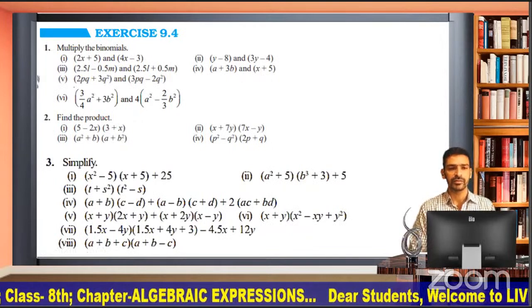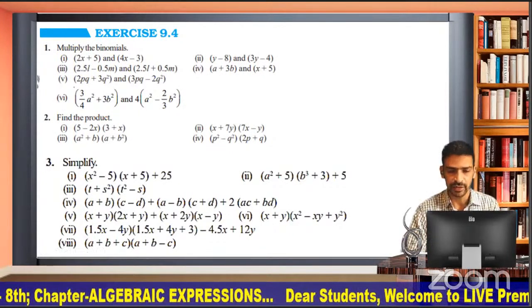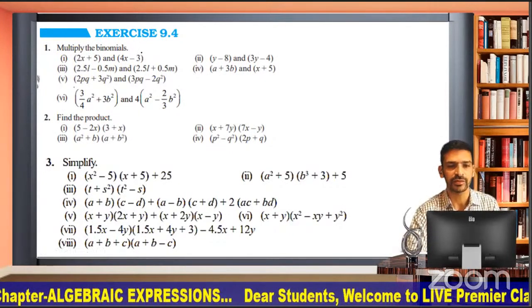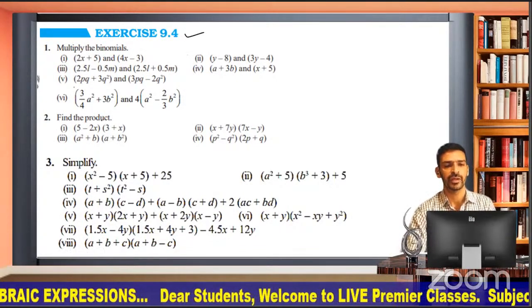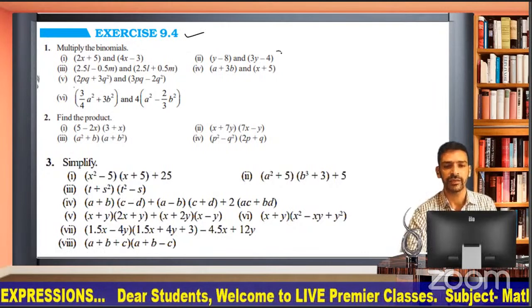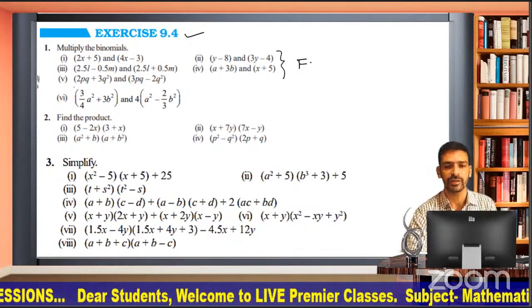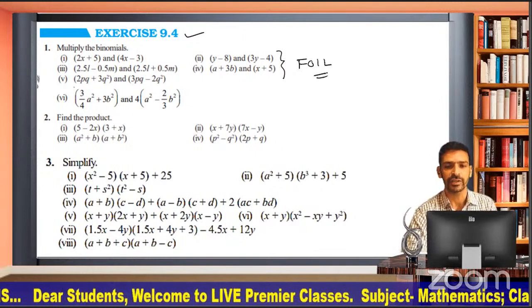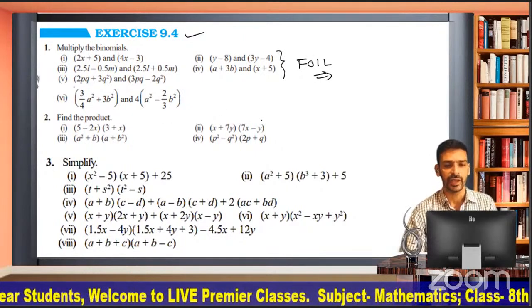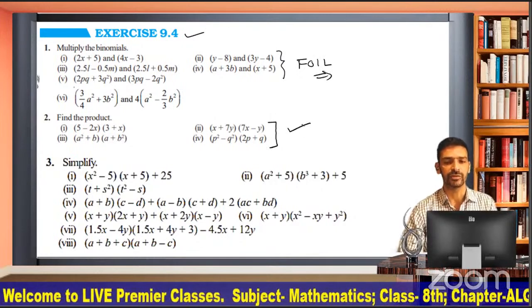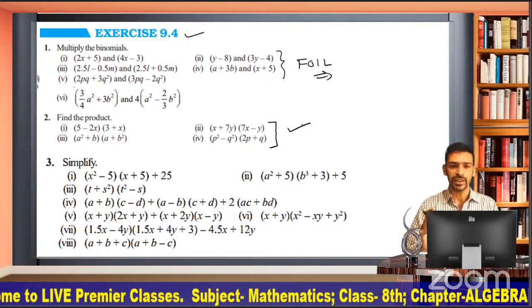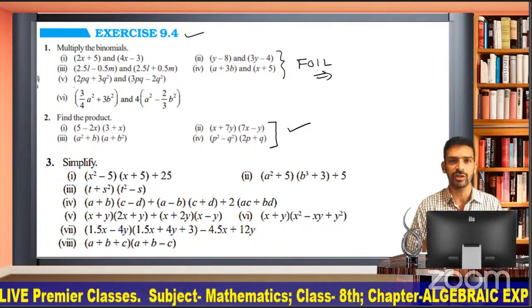Then for past 2 days we have been solving exercise 9.4. Dear students, here we employed this FOIL process, or we can say a method, and we completed question number 2. This 2 stands completed. Let us now apply the process on question number 3.